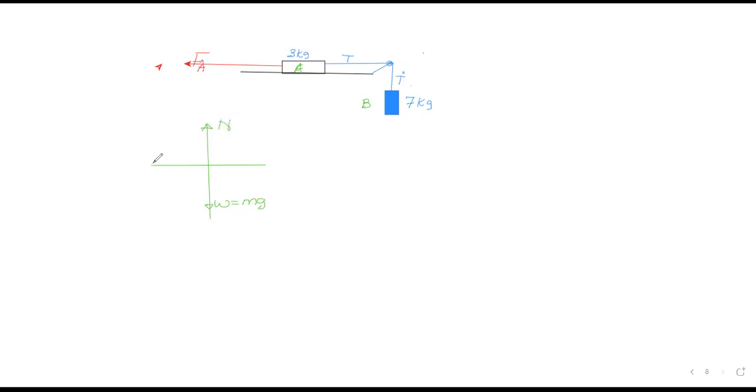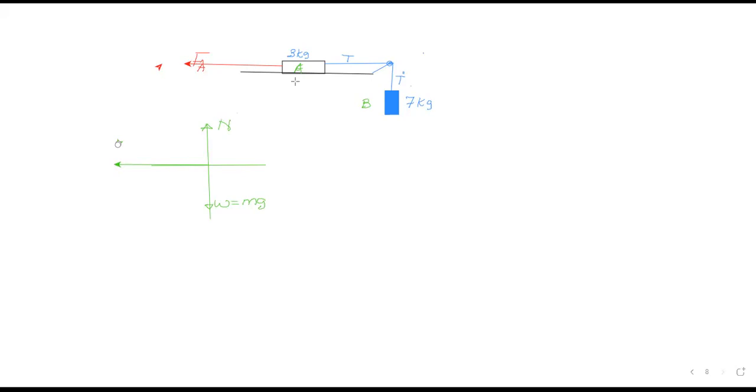And then we have the applied force in that direction.